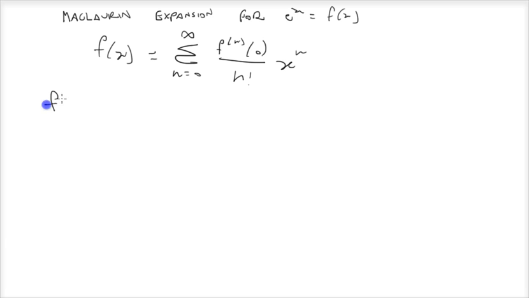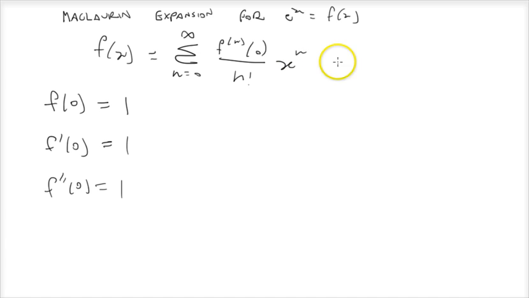First we need f of 0, and so e to the 0 is going to be 1. Now f prime of 0: you take the derivative of e to the x, you still get e to the x, so that's going to be 1. The second derivative is still going to be 1, because remember, the derivative of e to the x is always itself.